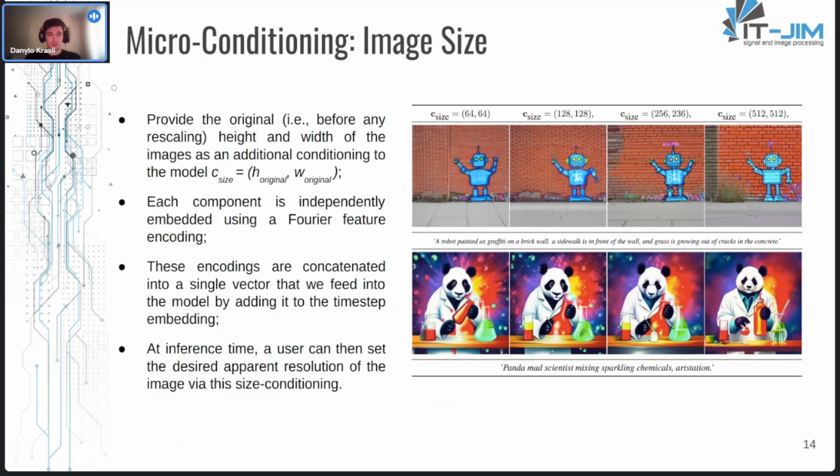Then each component is independently embedded using a Fourier feature encoding, and those encodings are concatenated into a single vector that we feed into the model by adding it to the time step embedding, which we saw in the UNet structure.